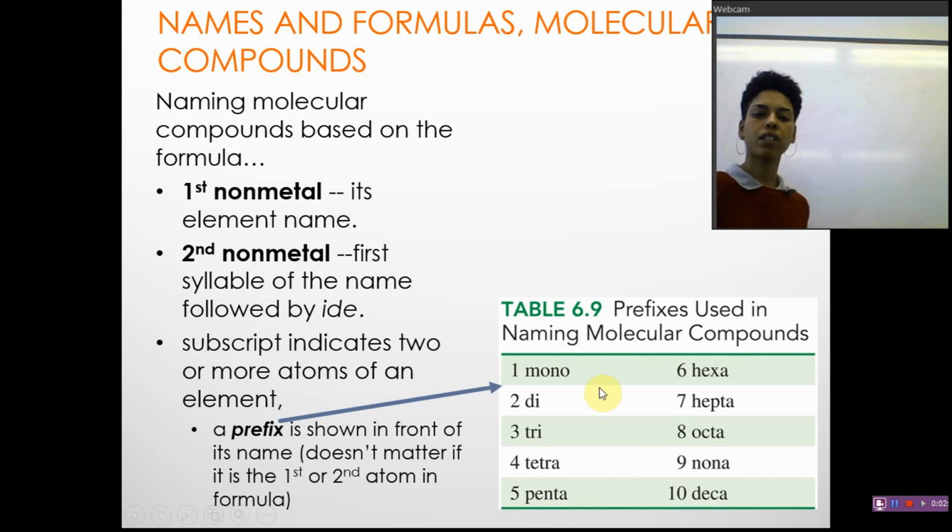The prefixes are here, mono through deca. It doesn't matter if we're talking about the first or the second atom. The only thing is mono: we don't use mono for the first element if there's only one atom of that type of element.